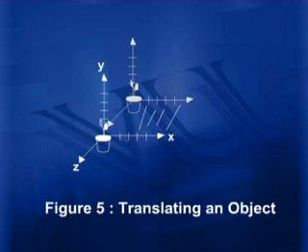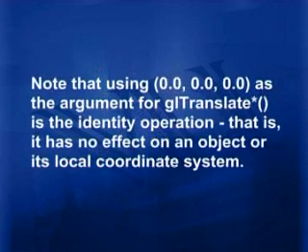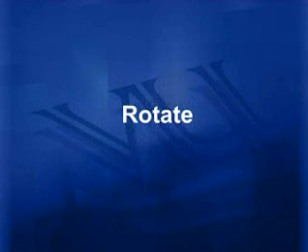Having specified the translation along the x-axis, y-axis, and z-axis, if we call the glTranslate function, this is going to establish the translated object transformation. Note that using 0.0, 0.0, 0.0, all three zero values, as the argument for glTranslate is the identity operation. That is, it is going to have no effect on any object or its local coordinate system. Next we are going to take up rotate.